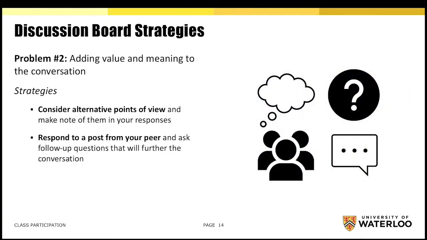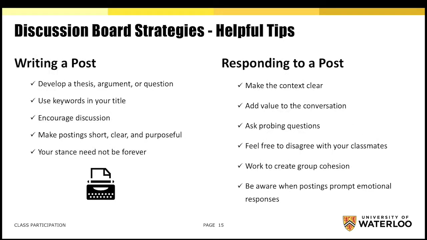To add further value and meaning to an online discussion thread, consider alternative points of view and respond to a post from your peer that asks follow-up questions that will further the conversation. In sum, writing and responding to a post effectively centers on clarity, open-mindedness, and interacting with your peers in a way that adds value and meaning to the conversation and the interaction as a whole.